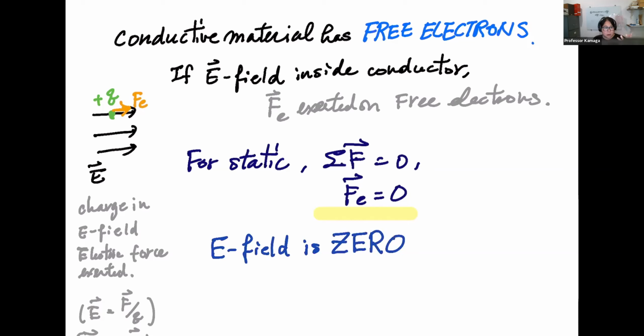You need to have a 0 electric field inside a conductor. Otherwise, you're going to have a force. Electrostatics means electrons are not in motion. You need the electric field to be 0 inside a conductor.